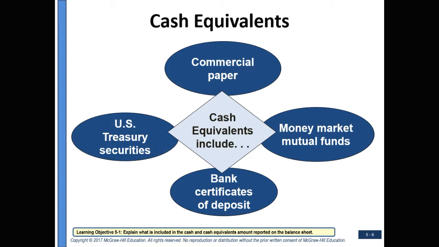Money market mutual funds are often a way in which organizations will save money. It functions very similar to a savings account, but they have a higher yield than the traditional savings account because they are invested in short-term investments expected to convert relatively quickly back to cash.